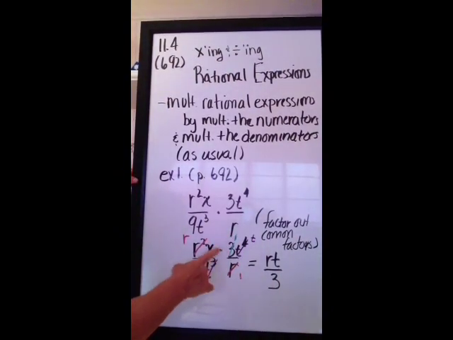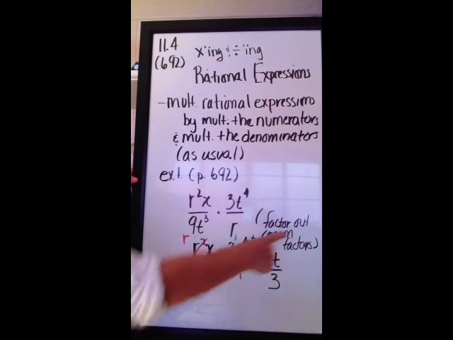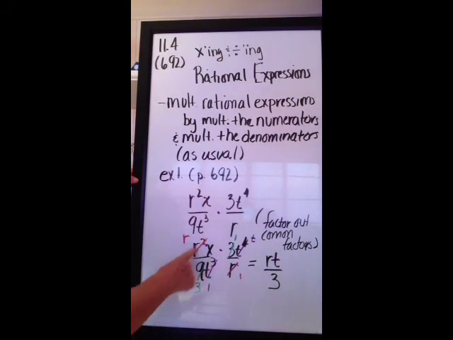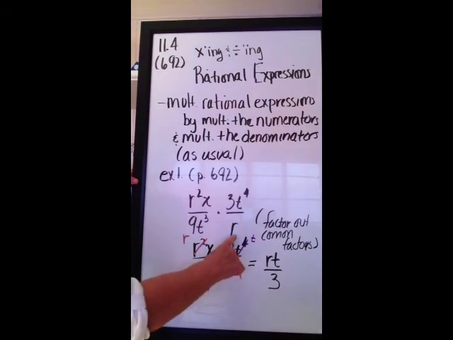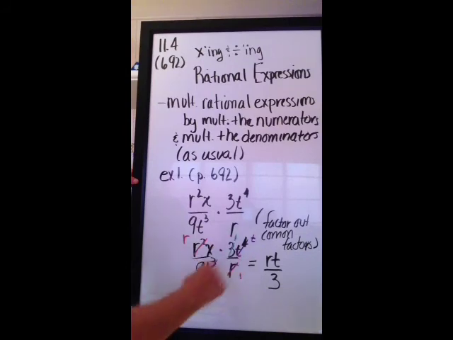So just like when I'm multiplying fractions, I can factor out common factors. Here I'm going to factor out an r from this factor. R squared divided by r is r. I can factor out a 3. 3 divided by 3 is 1. 9 divided by 3 is 3.